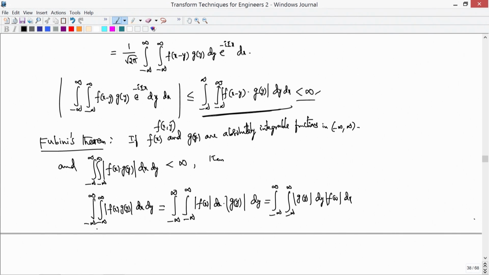Here f(x) and g(y) have separated variables. This need not be like this; you can choose f(x) g(y) as some, let us say, h(x, y), which is a function of x and y. This statement you have to replace: if you choose h(x, y) instead of f and g, you fix x, h(x, y) is absolutely integrable; you fix y, h(x, y) is absolutely integrable as a function of x on the full real line, and the double integral of the modulus of h(x, y) is finite.